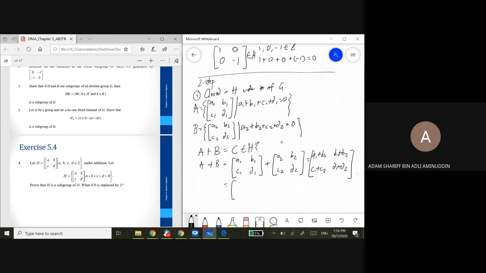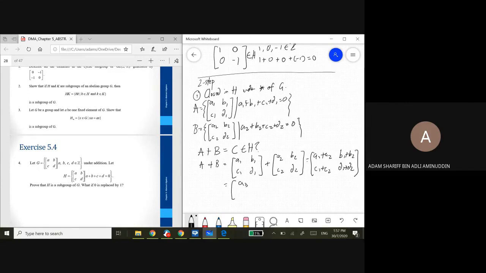To make my explanation simpler, sorry, I got confused: it is A1 plus A2. A1 plus A2, B1 plus B2, C1 plus C2, D1 plus D2. To make my explanation simpler, A1 plus A2 becomes a new integer, right?